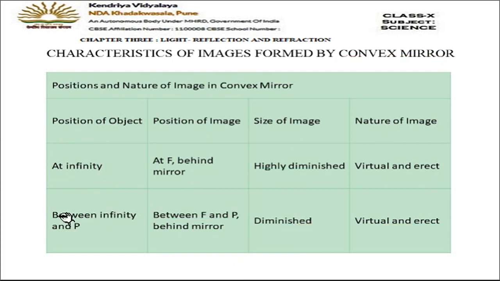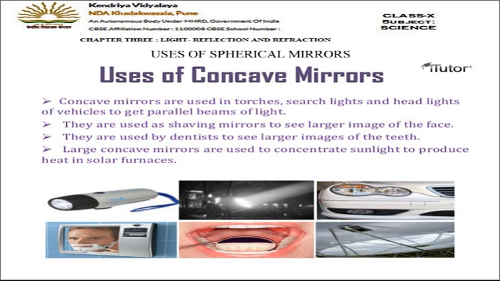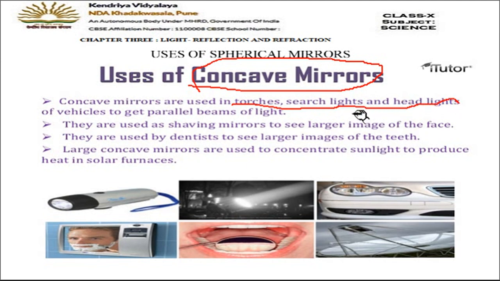Now let's move on to the next slide and see some of the uses of concave mirrors. A concave mirror is the converging mirror and a convex mirror is the diverging mirror. Concave mirrors are used in torches, searchlights and headlights, because it is a converging mirror.